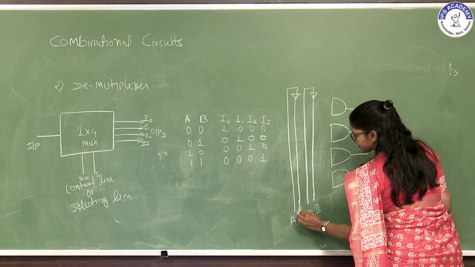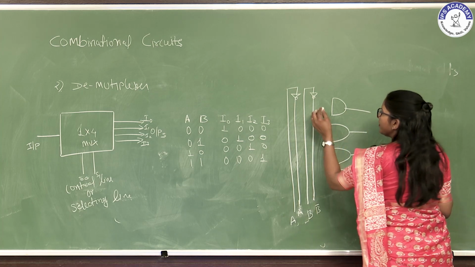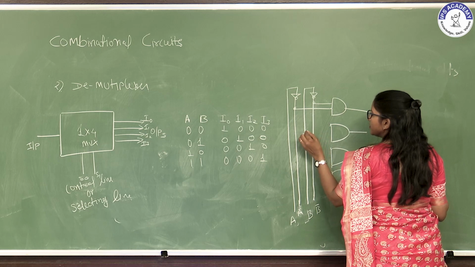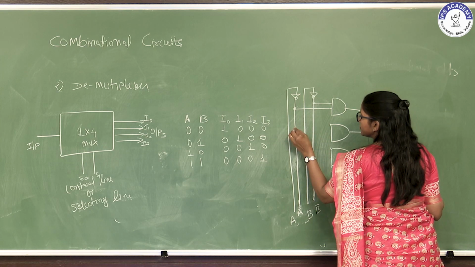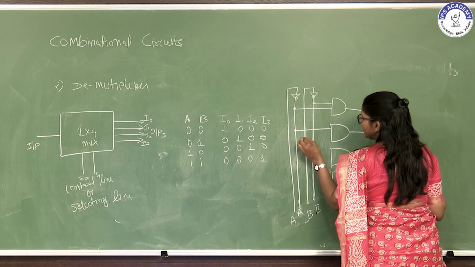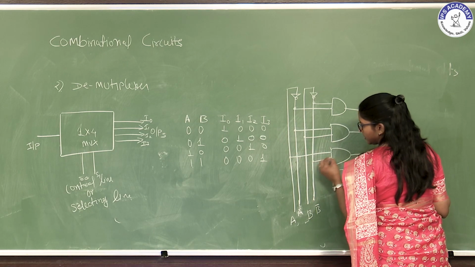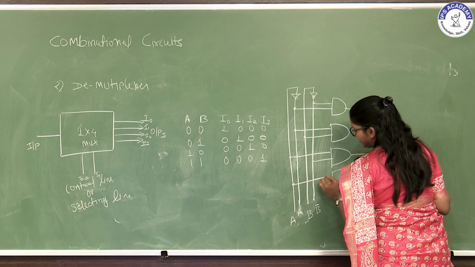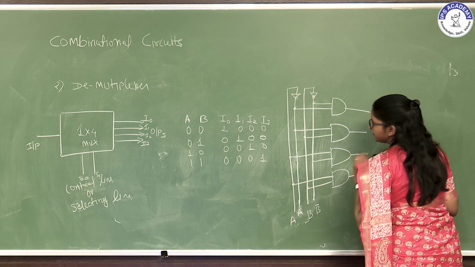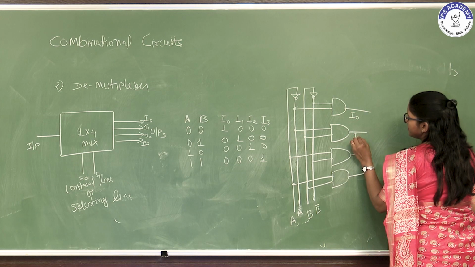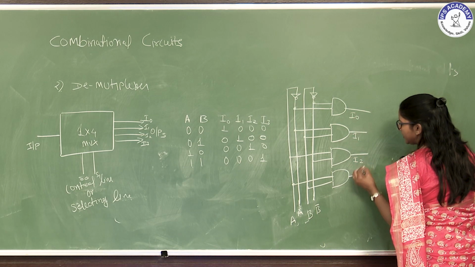Now it is connected to 00, 01, 01, 10 and 11. Here we get the I0, I1, I2 and I3.